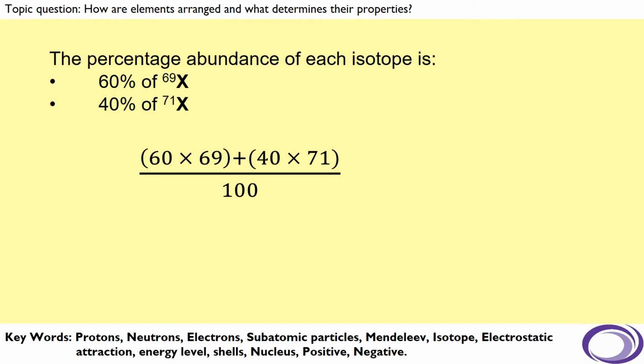So I have 60 times 69, that's those 60 atoms. And I can add that to the 40 that would have a mass of 71. And then divide it by 100. And that would give me a relative atomic mass of 69.8.